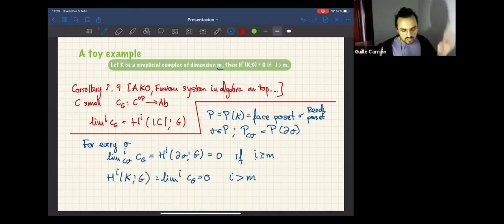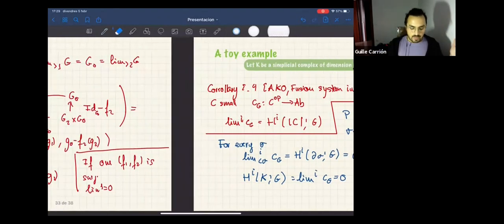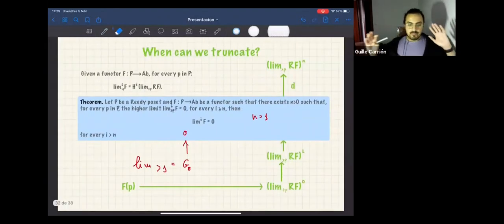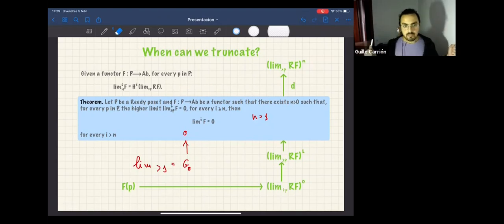I don't know if this example is clarified, but I want to tell you that this theorem speaks quite like the dimension of the poset, in some sense, of the functor.